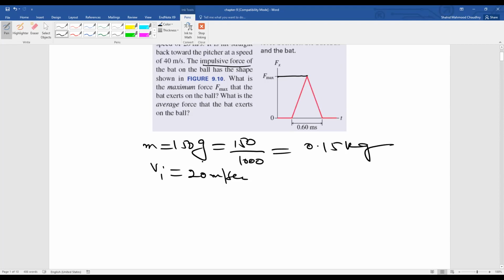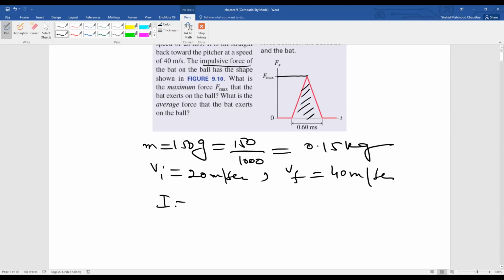After it strikes, the final speed is 40 meters per second. This is also given. We need the F maximum. But first, from this graph, we can find the impulse.